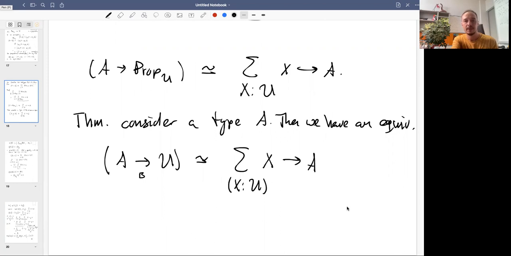So we can just read off from how we proved this theorem that the type of subtypes of A is equivalent to the type of embeddings into A.